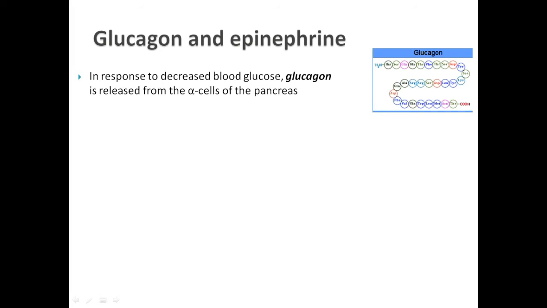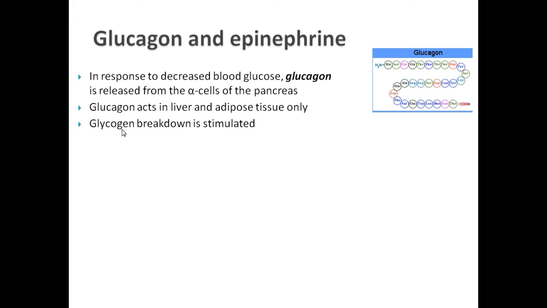Okay, so the next two hormones that we mentioned were glucagon and epinephrine. In response to decreased blood glucose, we said that glucagon is released from the alpha cells in the pancreas. One of the effects is that it will act in the liver and adipose tissue.